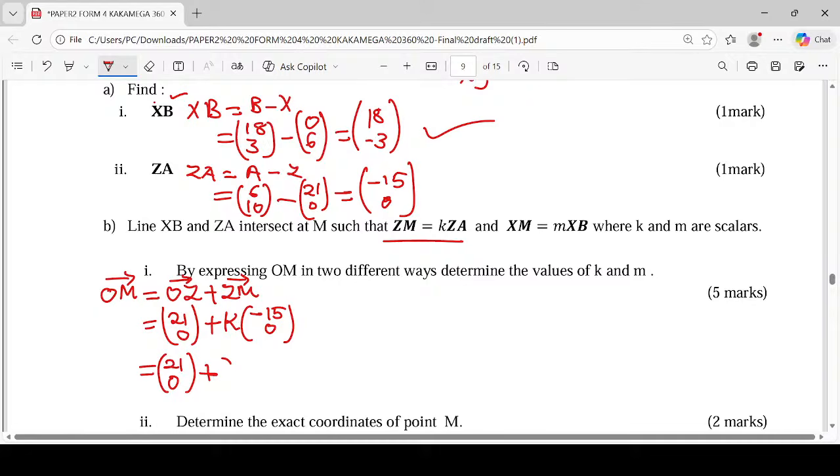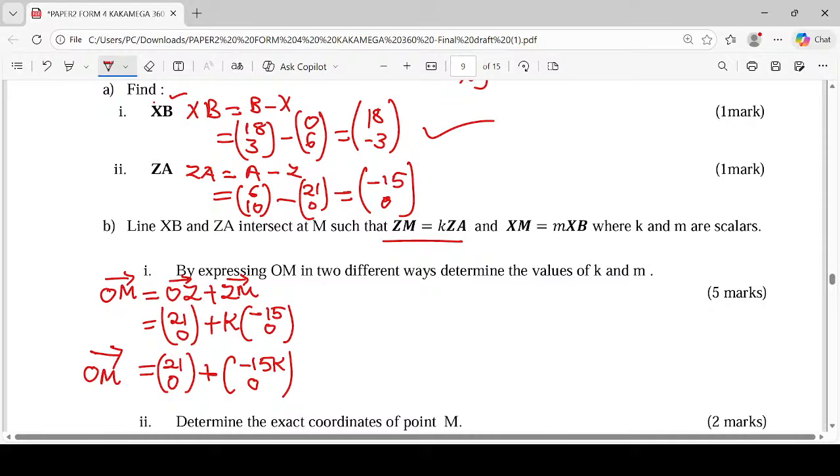I'm taking you slow because I want you to understand this concept. This will now be 21, 0 plus K times negative 15, 0.